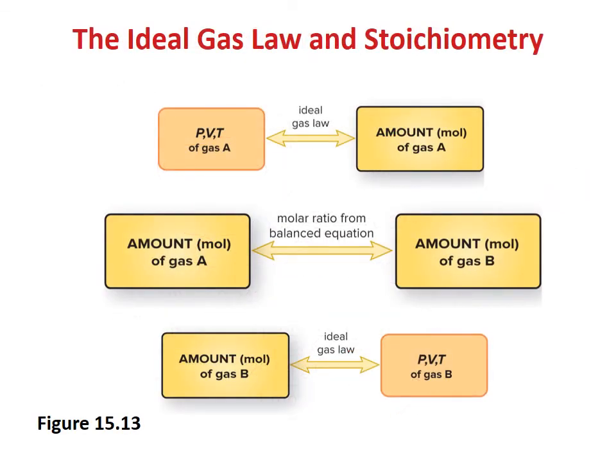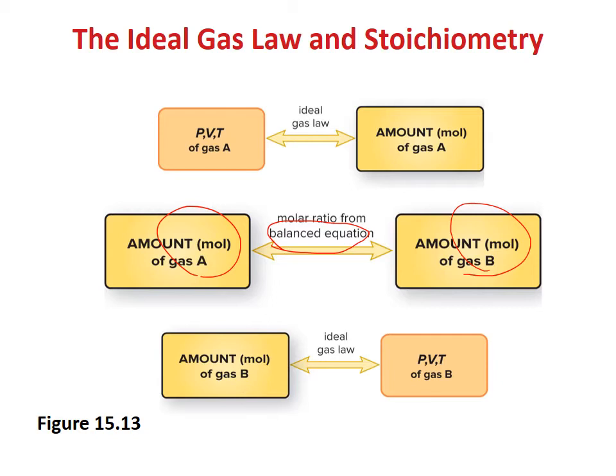In Chapter 4, we learned how we can use the stoichiometry of a balanced equation to convert between the amount of reactant A and the amount of product B. In this chapter, we learned the ideal gas law.